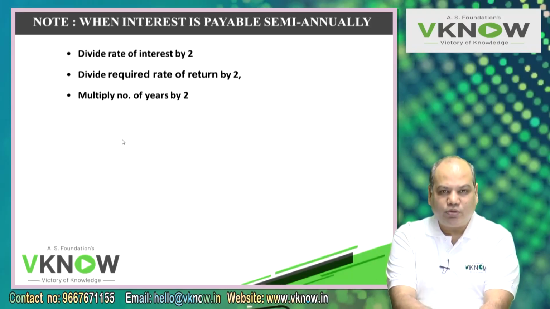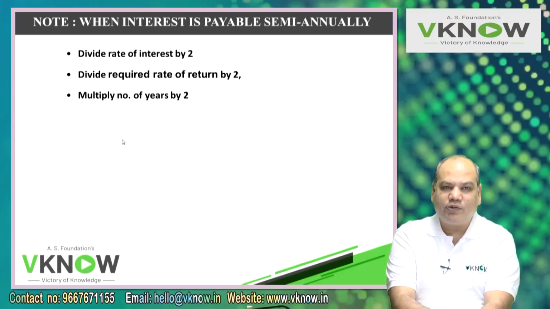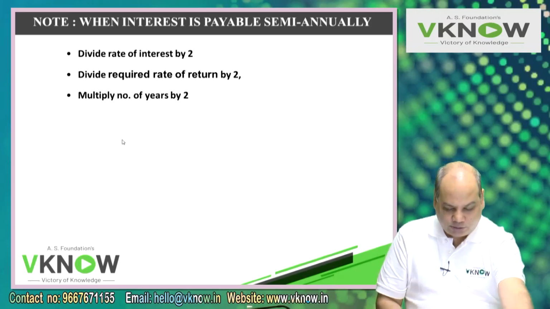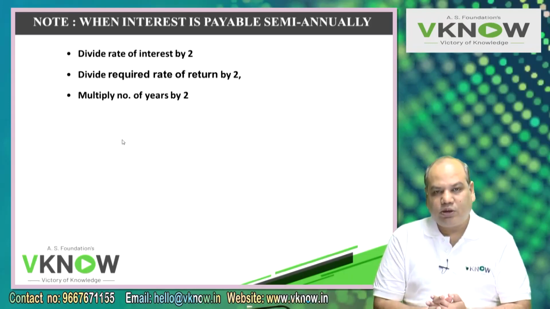Second, divide required rate of return by 2. That will also get divided by 2. If you want 16% per annum, then for 6 months it will be 8%. And multiply number of years by 2.